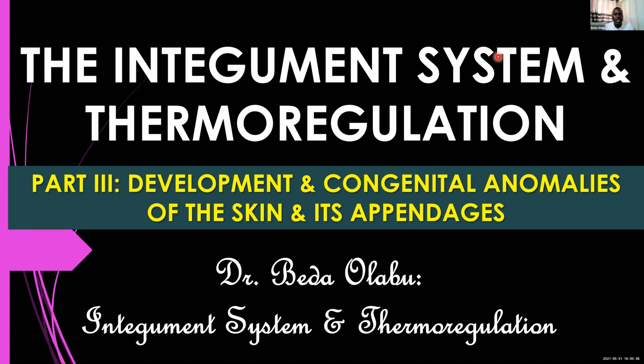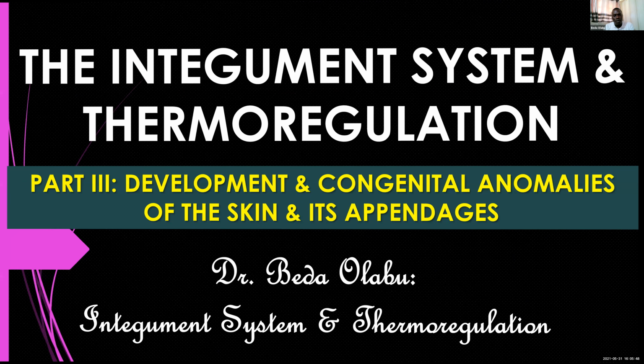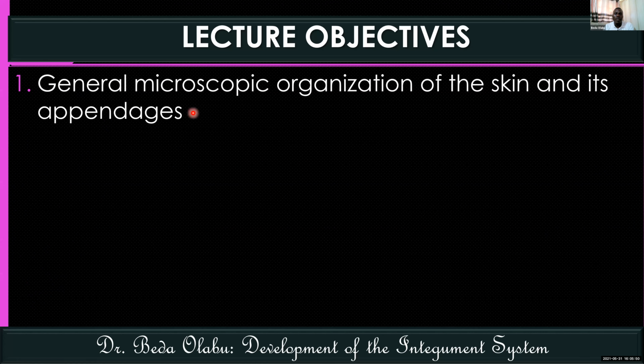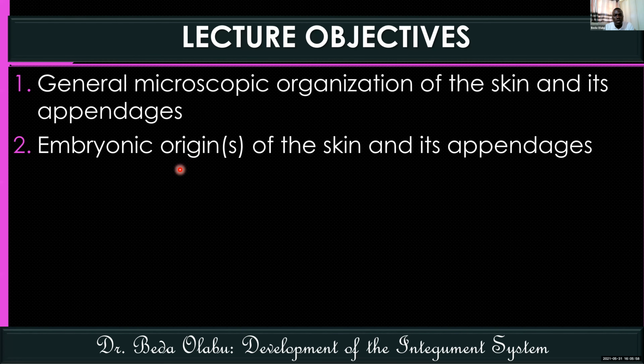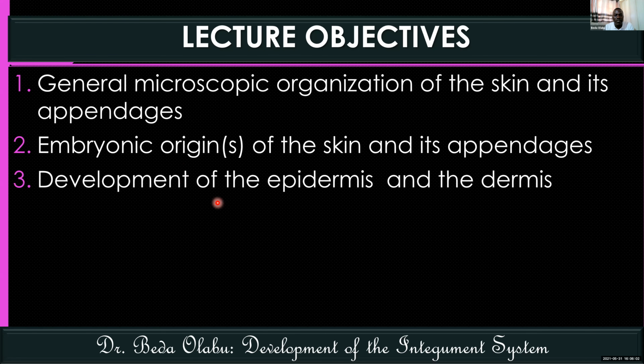So we are now going to look at development and congenital anomalies of the skin and its appendages. Our intention: we will not talk about number 1 because we've already talked about that just a few minutes ago, but we'll talk about number 2, embryonic origins of the skin and its appendages. We'll talk about development of the epidermis and the dermis.